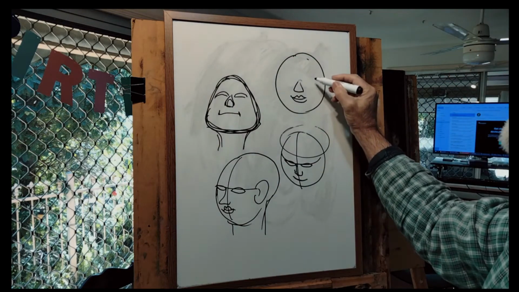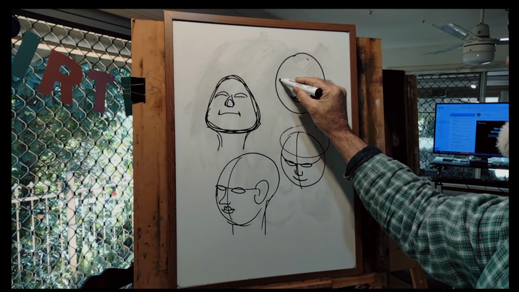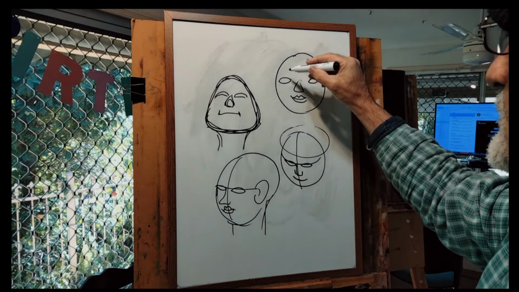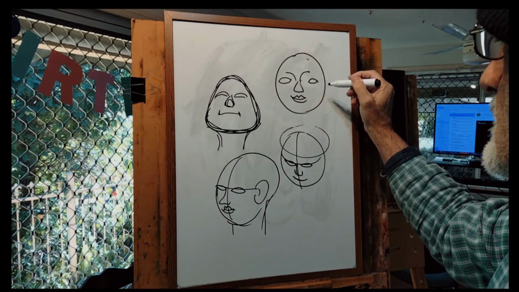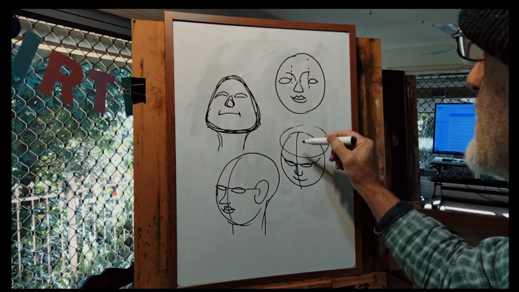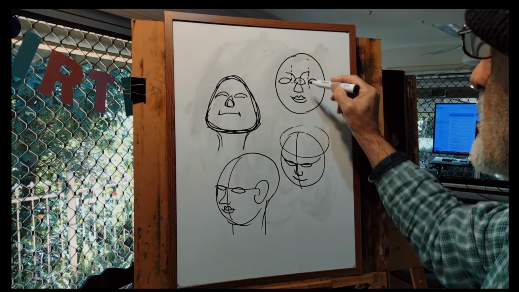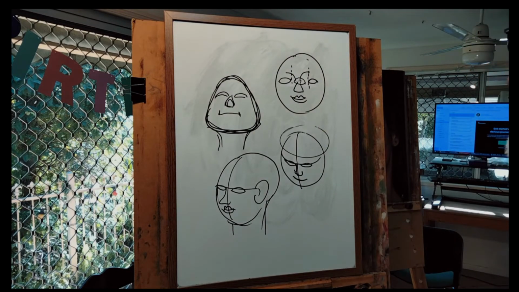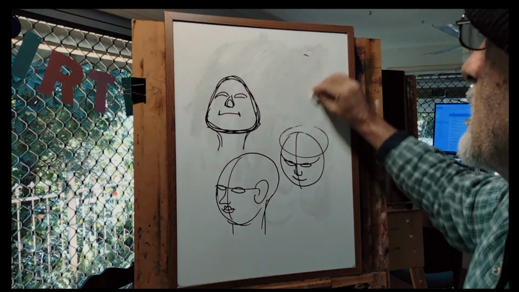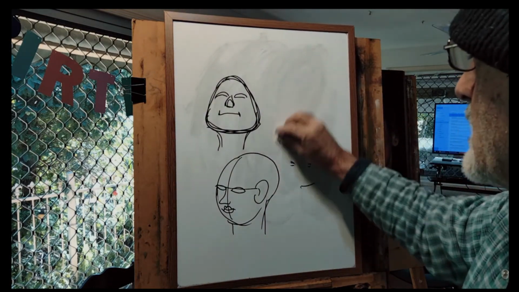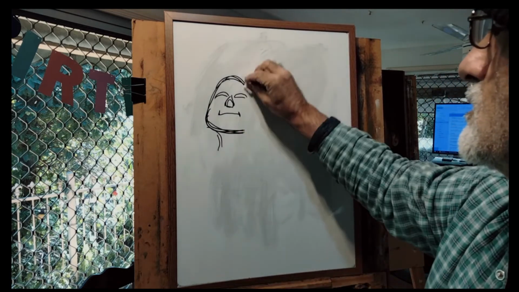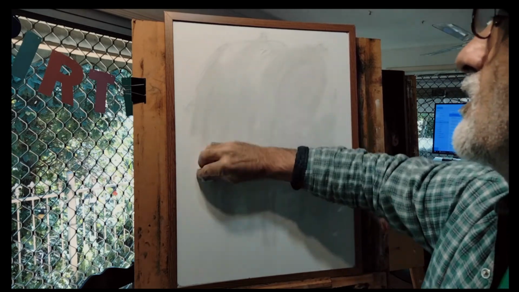If you draw the eyes too far apart, they're going to look simple. So just remember that the distance between the eyes is approximately one eye width. So that's a few little clues as to how you should be proceeding with your painting, the positioning of these shapes.